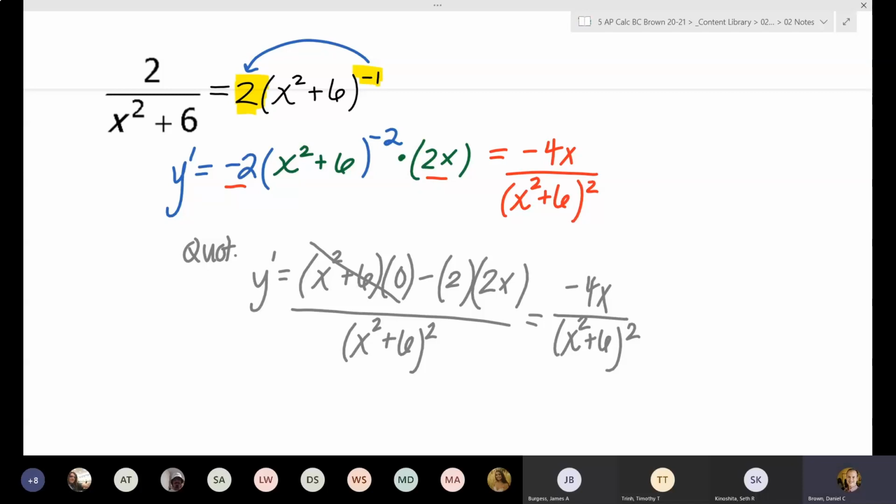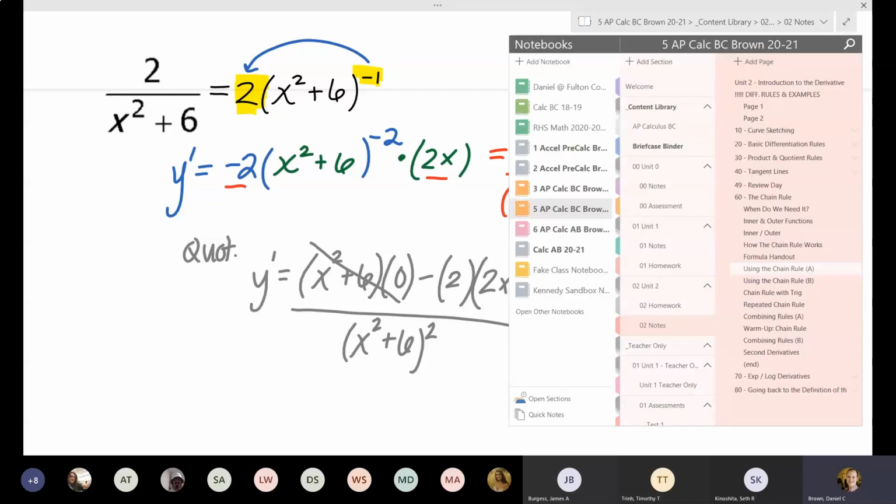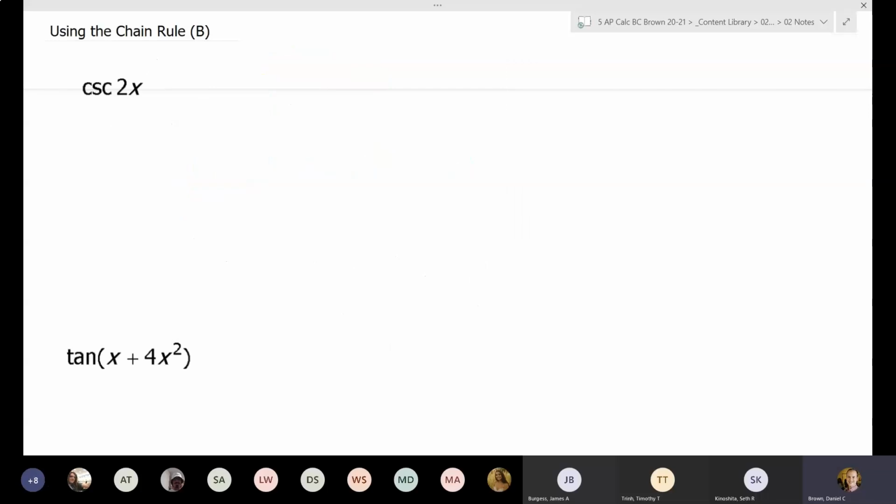All right, go ahead and try the 2 trig ones on your own for me then. So again, those are your functions, and I want us to find the derivative of them. And you just want to think about taking the derivative of the outside, carrying the inside across, and then multiplying by the derivative of the inside.